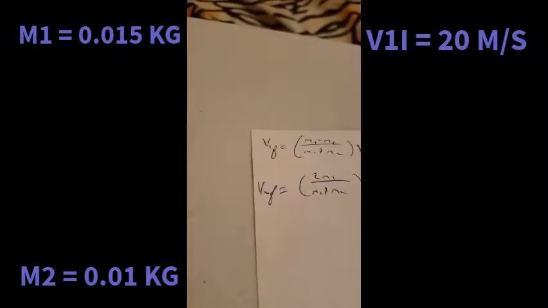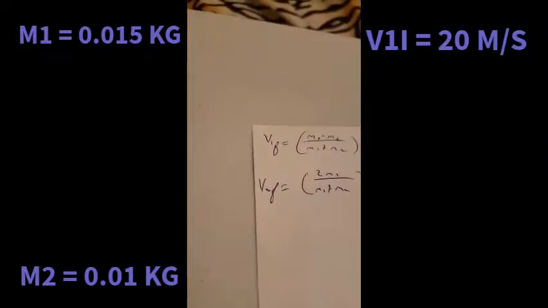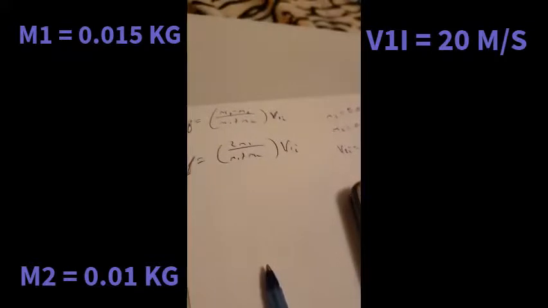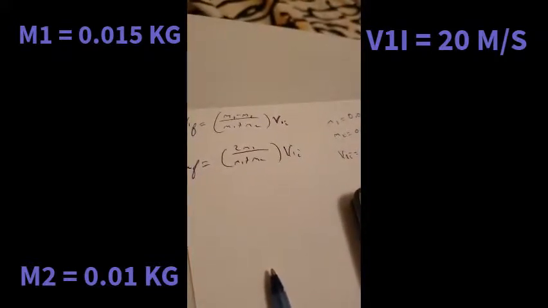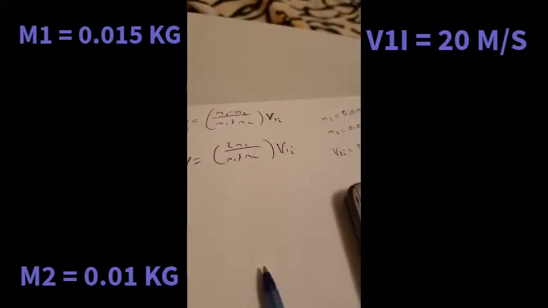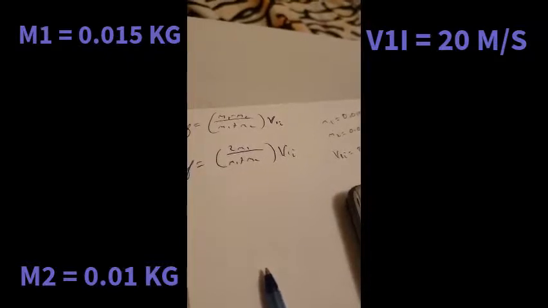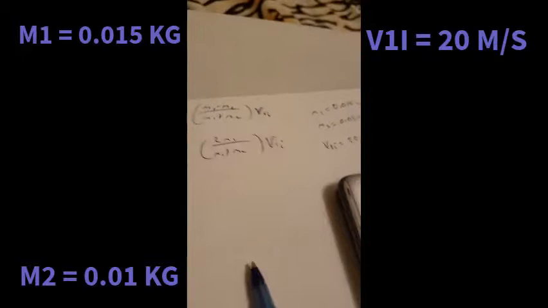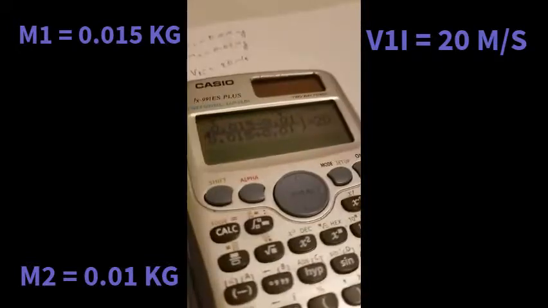Let's do it. So (0.015 minus 0.01) over (0.015 plus 0.01), times the v1 initial, which is 20 meters per second. That's the equation.